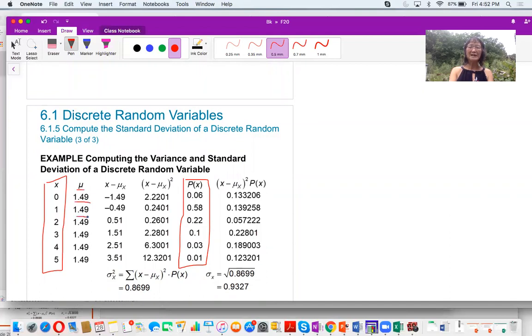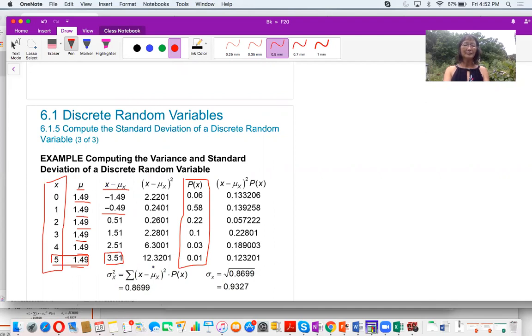Because it is the mean, it is the same for every variable value. And now you use this X minus mu X. So 0 minus 1.49, you get negative 1.49. 1 minus 1.49, you get negative 0.49, etc. The last one, 5 minus 1.49, you get 3.51.